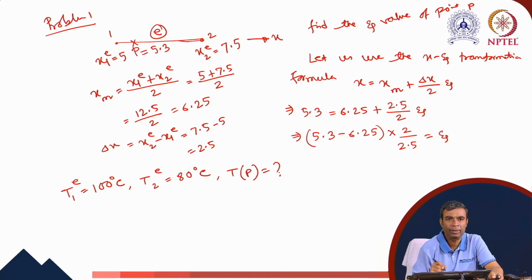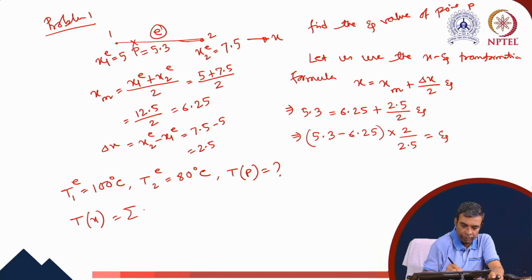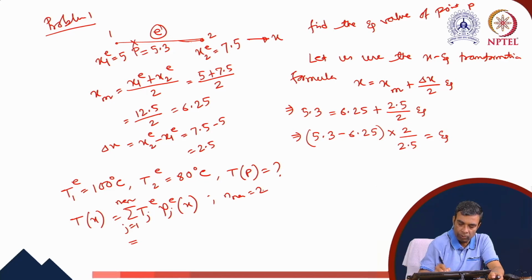This we can certainly solve by using the global shape functions, the local shape functions, as well as shape functions in the natural coordinate system. T(x) equals summation of T_j^e psi_j^e(x), for j equals 1 to nen equals 2.